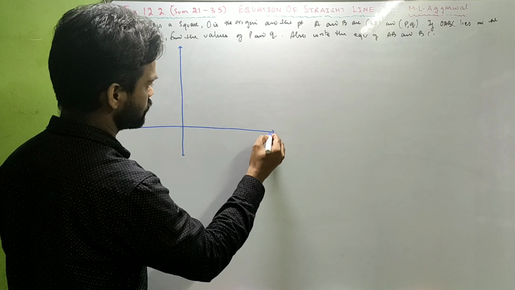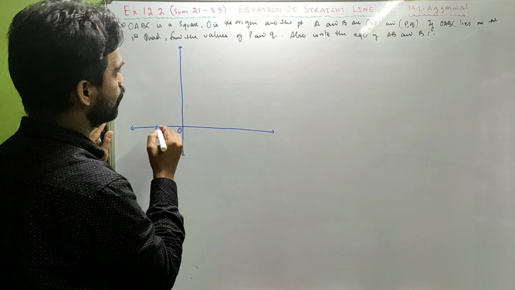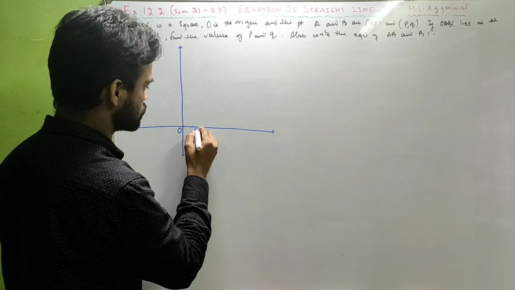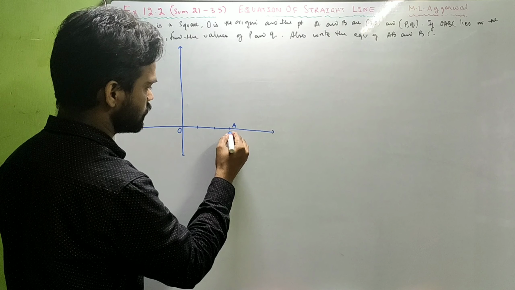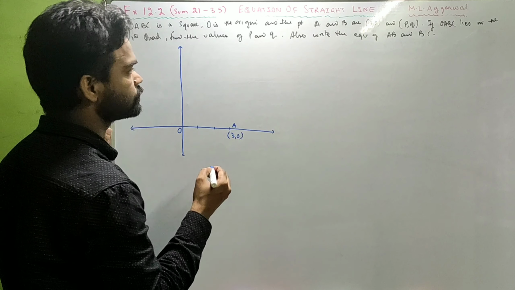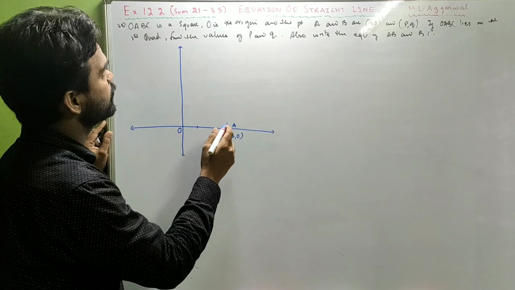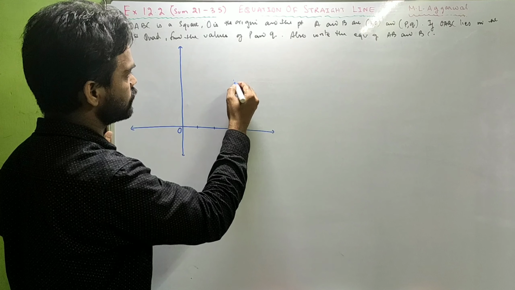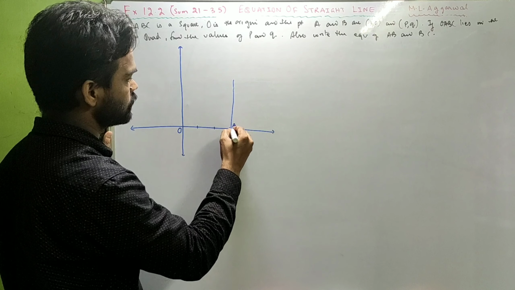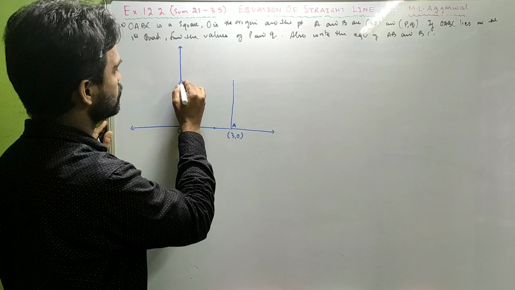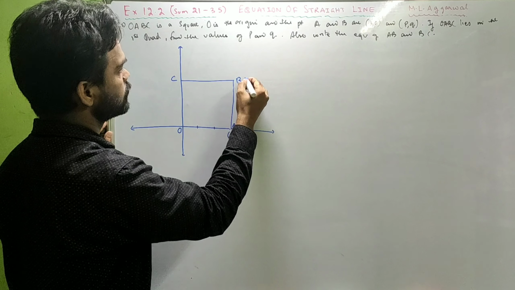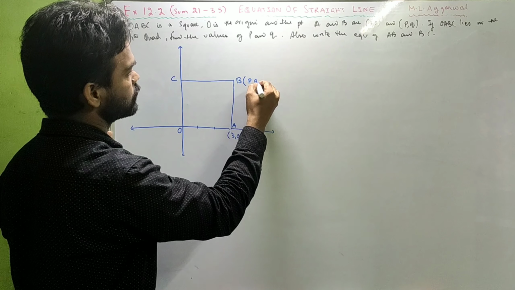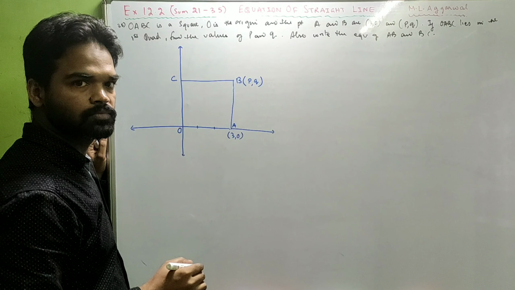I'll just draw the coordinate plane. Okay, this is your O. A is (3, 0). Suppose 1, 2, 3. So this is your A, (3, 0). Okay, B will be over here somewhere. So O, A, B, C, and this will be (P, Q).